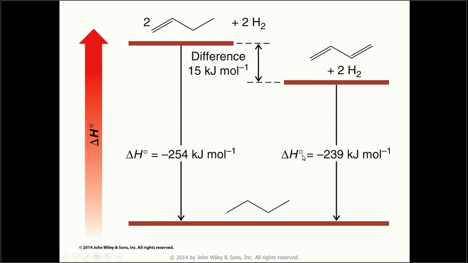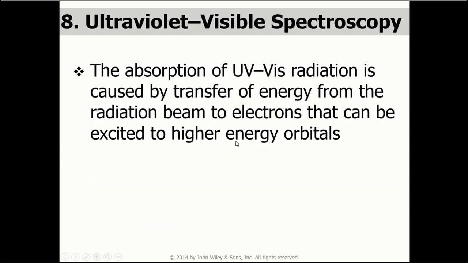This time we get 15 kilojoules per mole less energy out of the system because it was that much closer to being as stable as butane. So we say that these conjugated dienes have additional stability relative to isolated double bonds.